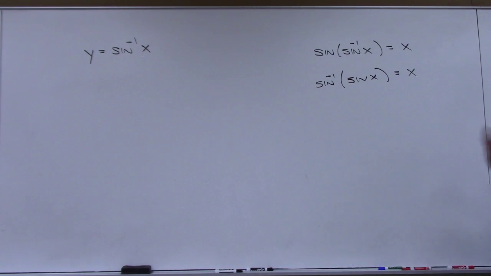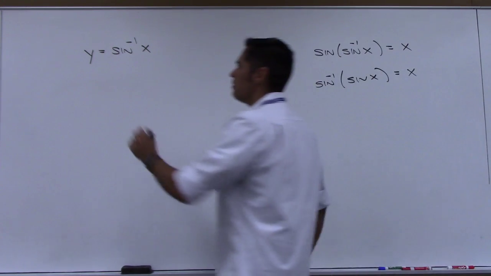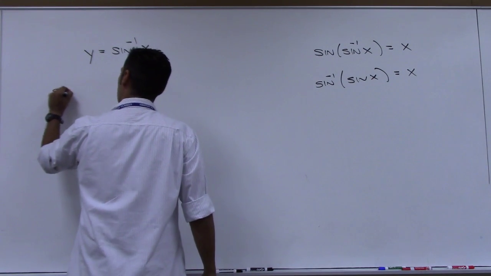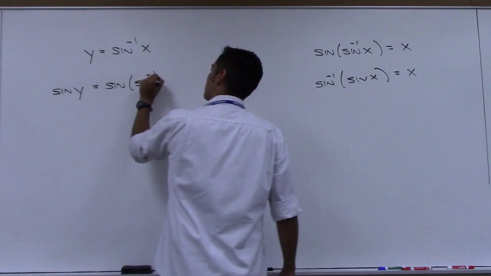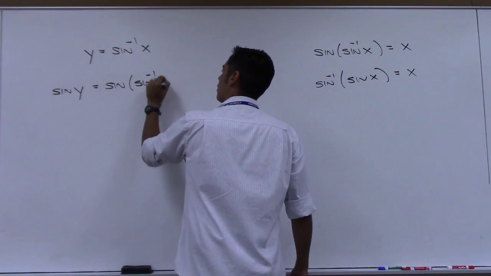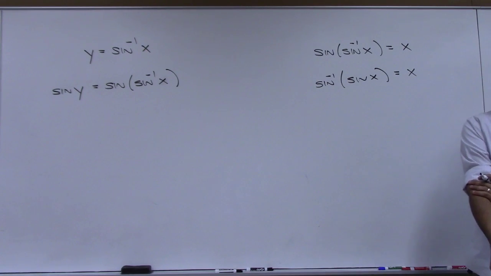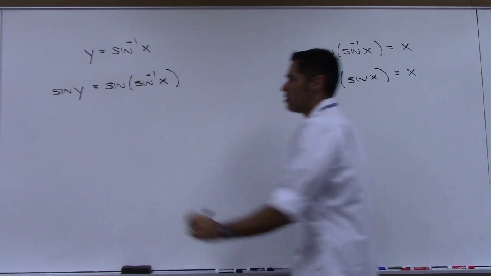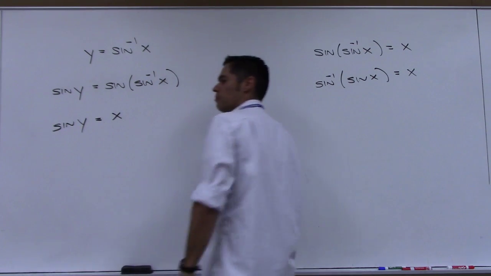What do you think I should come in with on both sides? Sine. Because if I take sine on both sides of this equation, my right side should just turn out to be x, shouldn't it? So I have sine of y equals x.